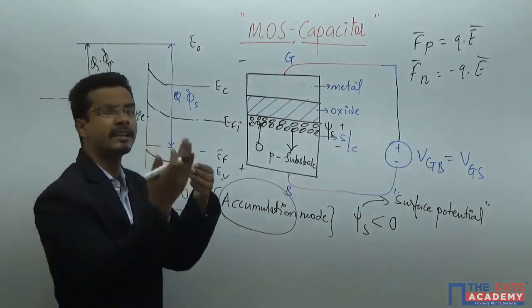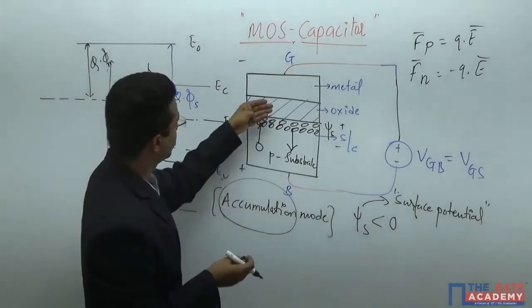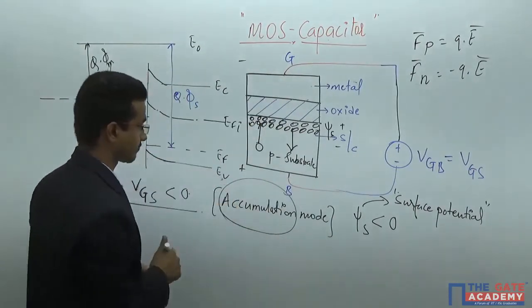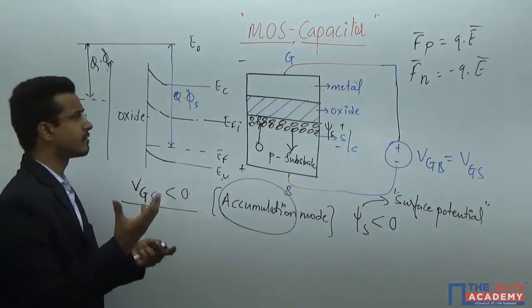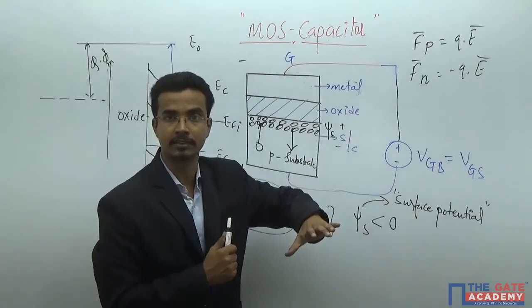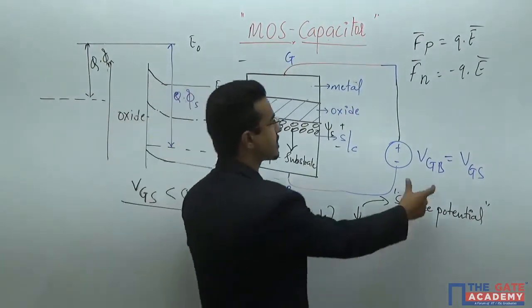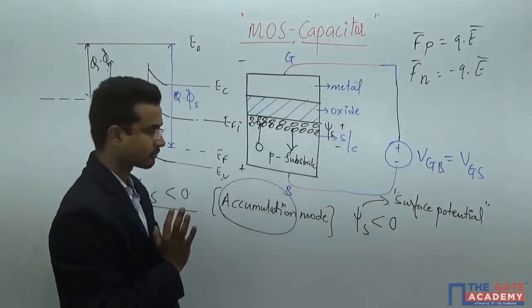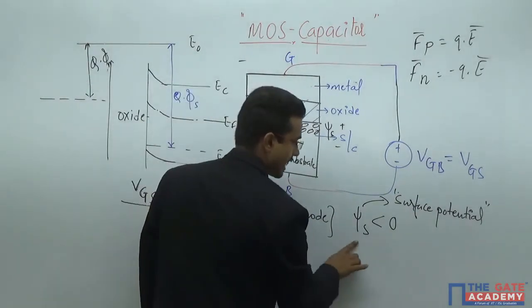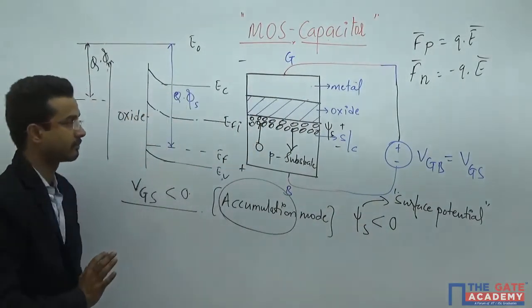And this is again an assumption: there is no leakage in the oxide. These leakages will not affect at lower voltages. That is why I started the journey from this, where the VGS value should be very small. So this is the first case, the accumulation region.